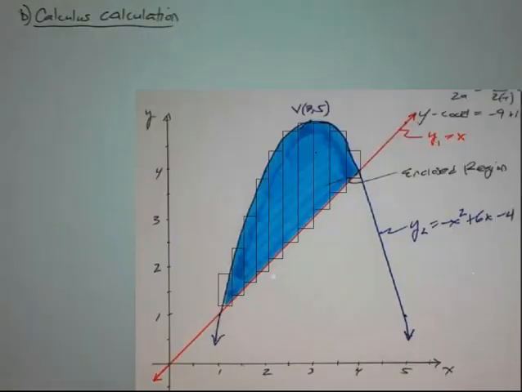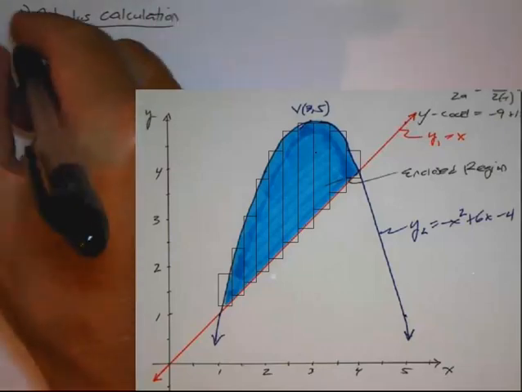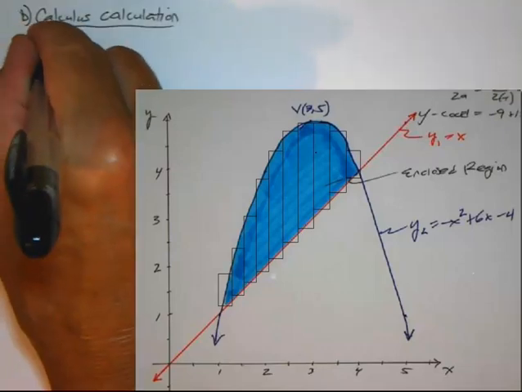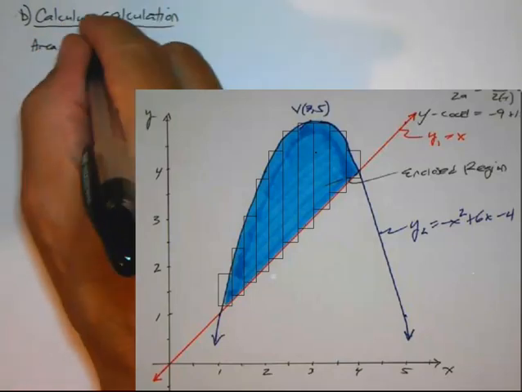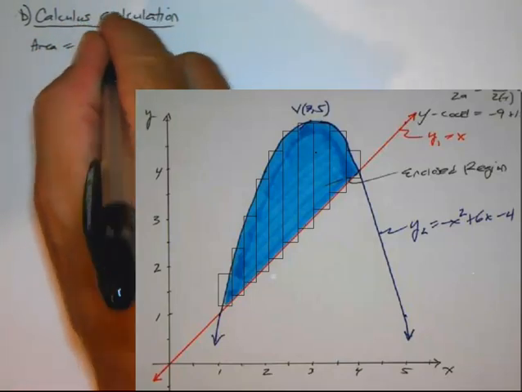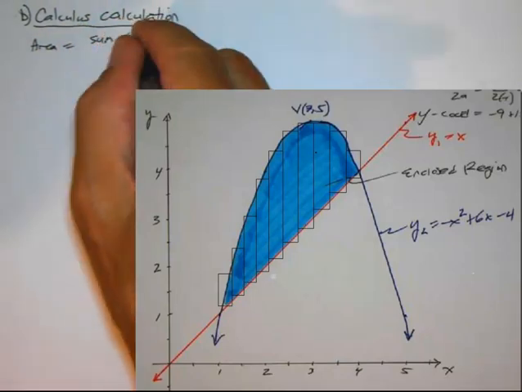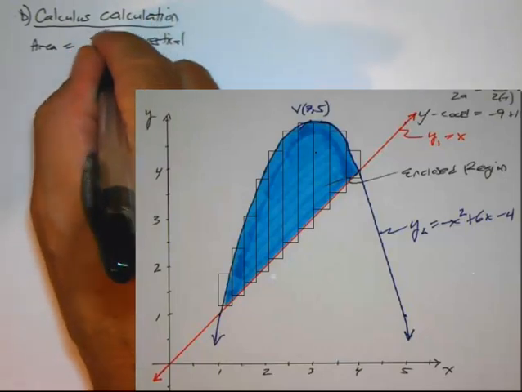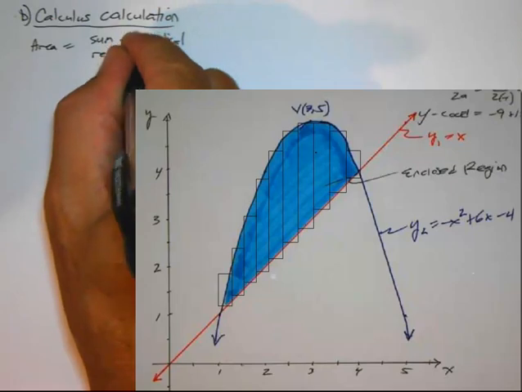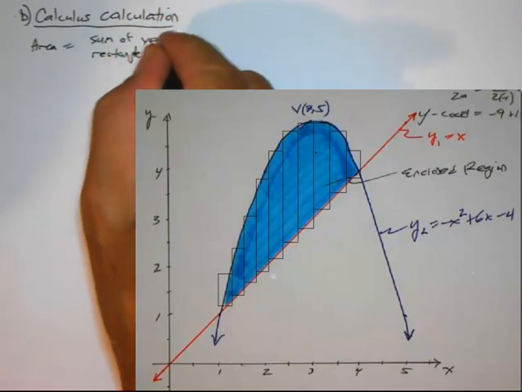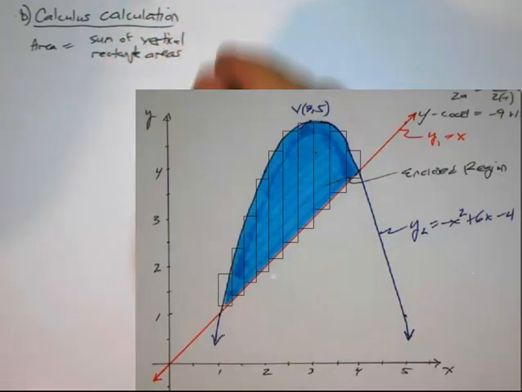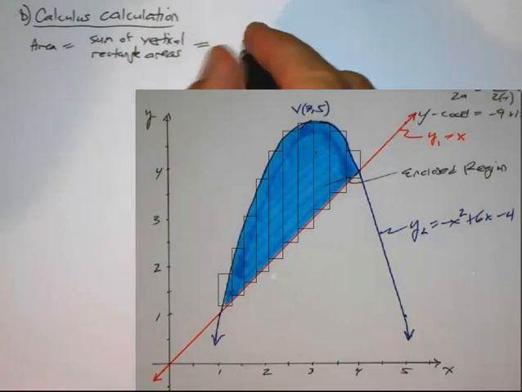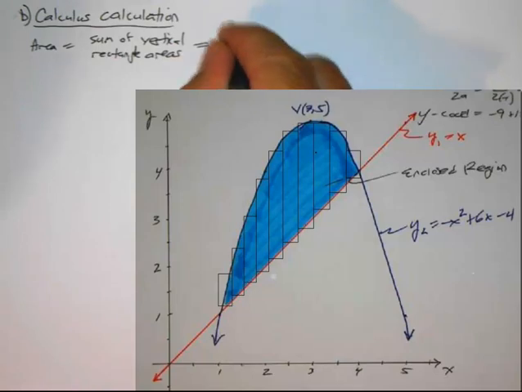Alright, so I can kind of say here that the area will equal the sum of vertical rectangle areas, and the reason we have this definite integral sign being an elongated S is because it is a summation.